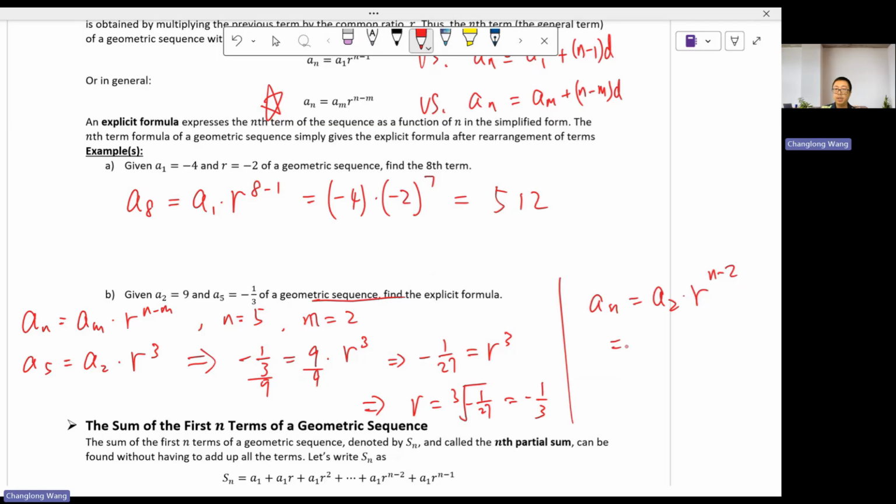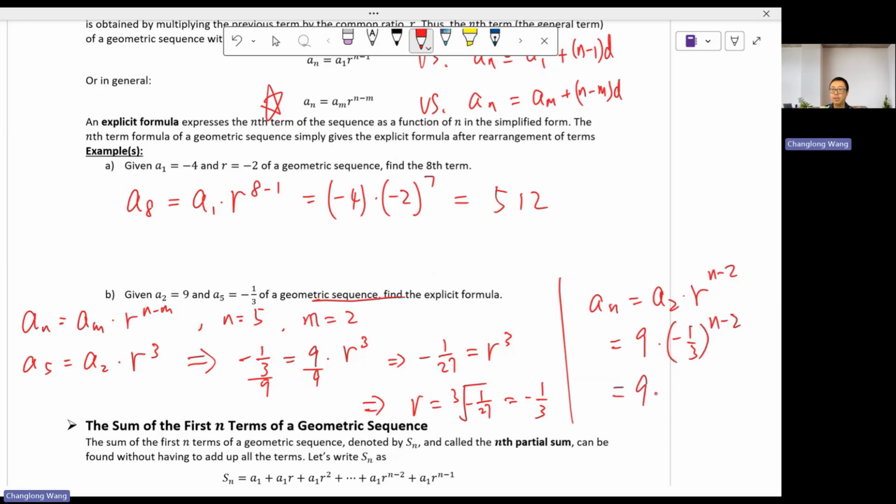So that tells me a sub 2 is 9 times the common ratio, negative 1/3, to the power of n minus 2, okay? Now, you could seriously leave it like that. That's an FRQ. Nothing wrong with it. But if you want to get something to perfection, or maybe you're worried the options in the multiple choices don't look exactly like that, you could simplify it.